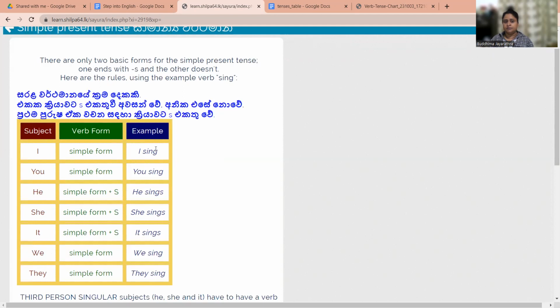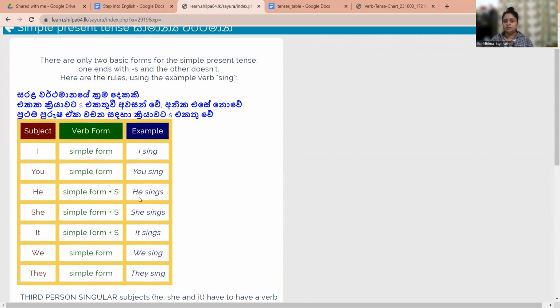The simplest form of simple present tense is just a subject and a verb, and you can make a sentence. Like, I sing. And similarly, you sing, we sing, they sing.